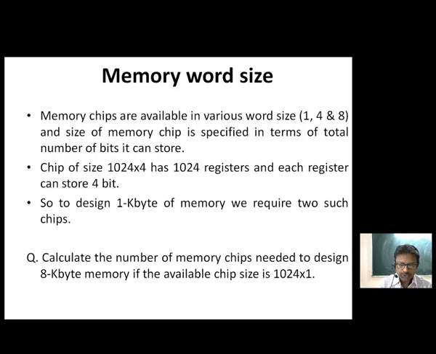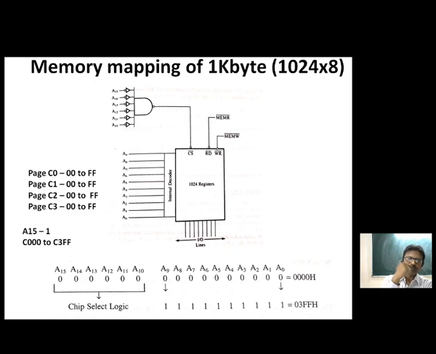Now, as I told you, the memory chips are available in various sizes. It may be a 256 byte memory chip, it may be a 1024 byte memory chip, it may be a 1024 nibble memory chip. Nibble means an individual register can store 4 bits.